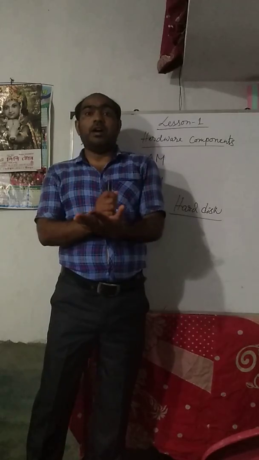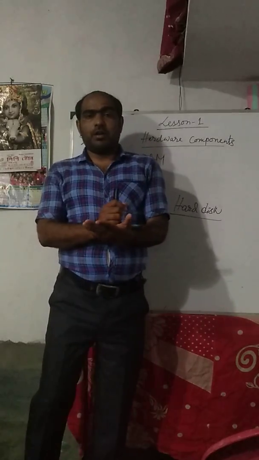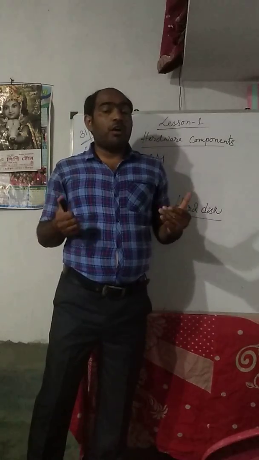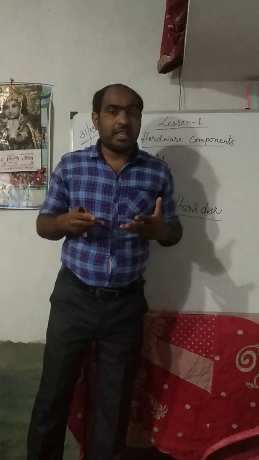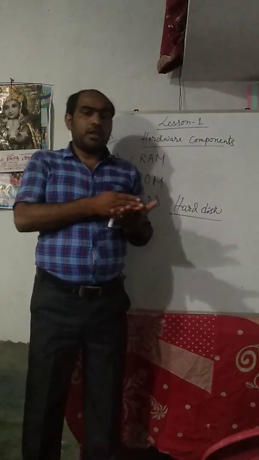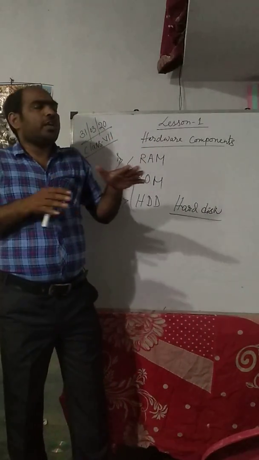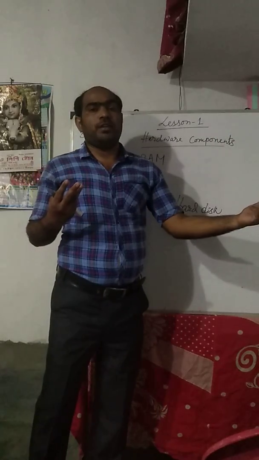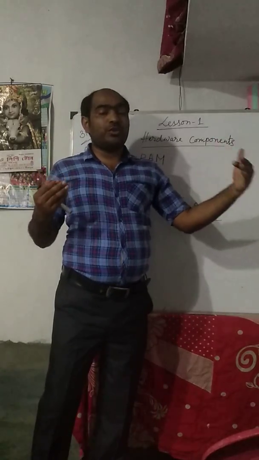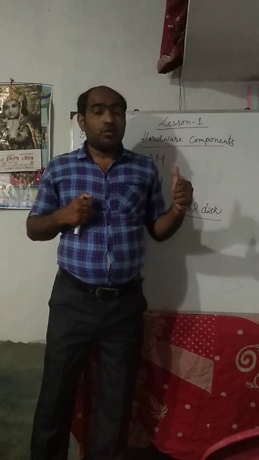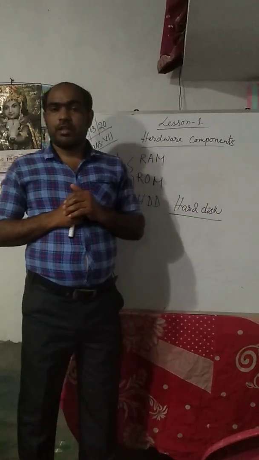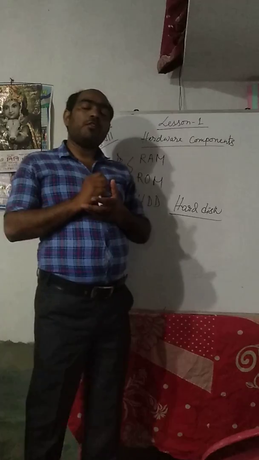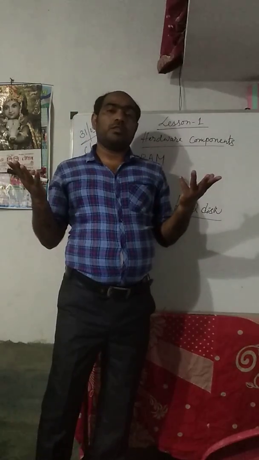We know nowadays RAM functions relate to processor speed. If we change from 2 GB to 4 GB, the computer speed will increase. But not only that, RAM also functions in many other things.